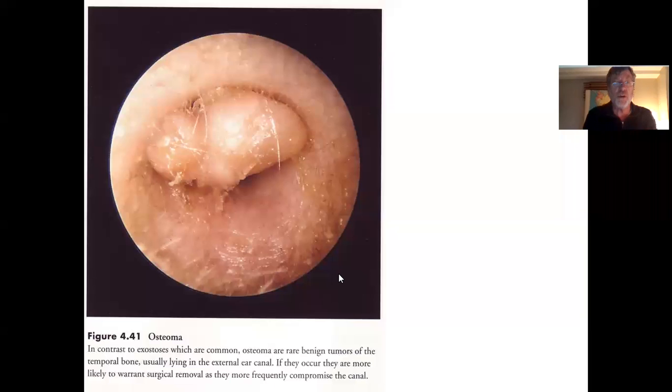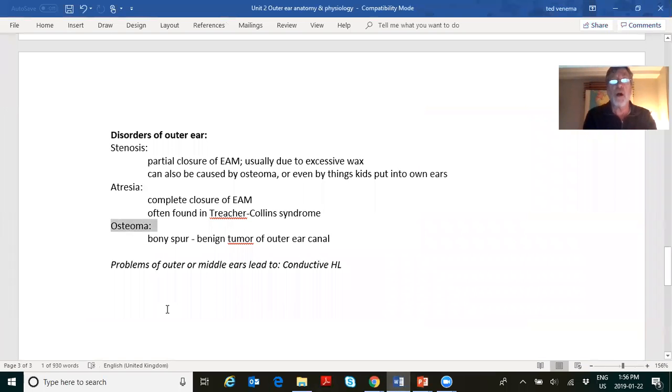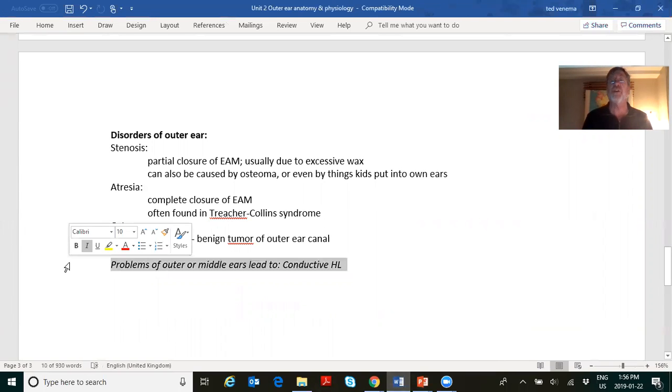Oh, I should share one last sentence in our notes here. The last sentence. Go to the notes. What does it say here? Problems of the outer or middle ears lead to conductive hearing loss. Circle the word conductive. What does conductive mean? It's a physical, mechanical blockage.